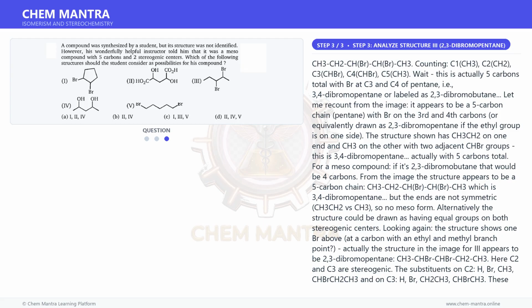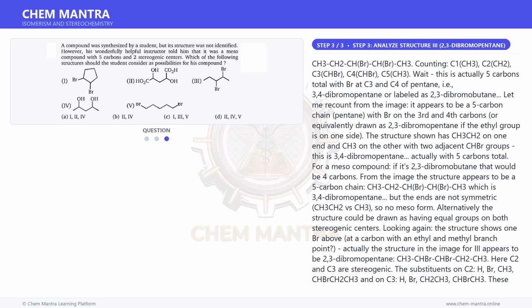And for the final step, CH3, CH2, CH, Br, CH, Br, CH3. Counting C1, CH3; C2, CH2; C3, CHBr; C4, CHBr; C5, CH3. Wait, this is actually 5 carbons total with Br at C3 and C4 of pentane, i.e. 3,4-dibromopentane, or labeled as 2,3-dibromobutane.